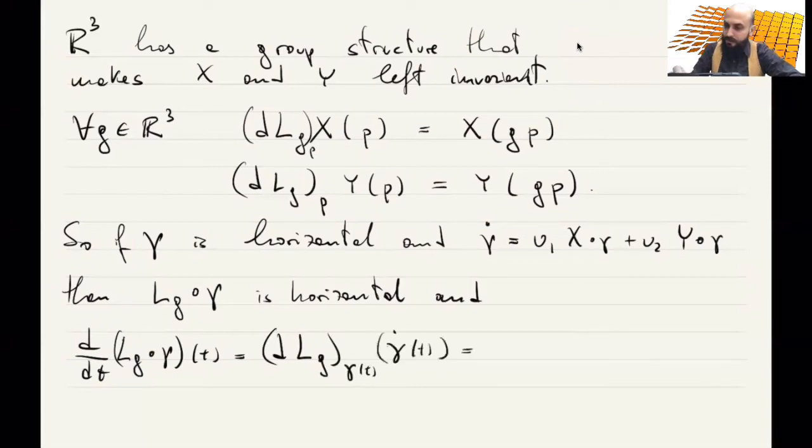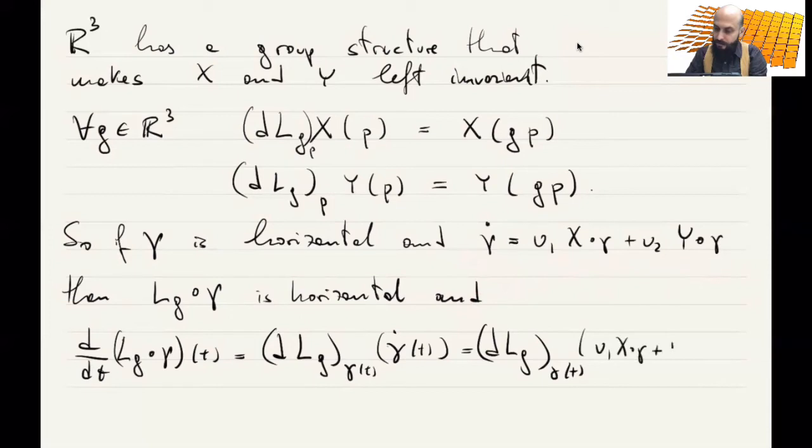Since the curve is horizontal, I can write it as the differential of Lg at gamma t applied to u1 x composed with gamma plus u2 y composed with gamma.